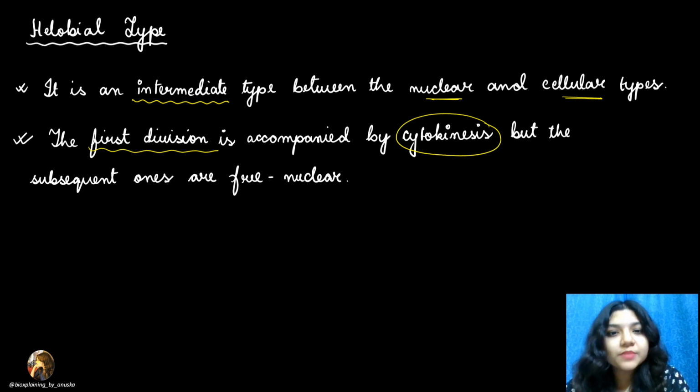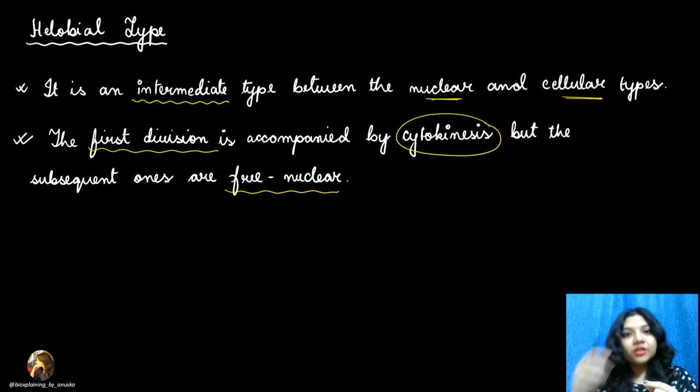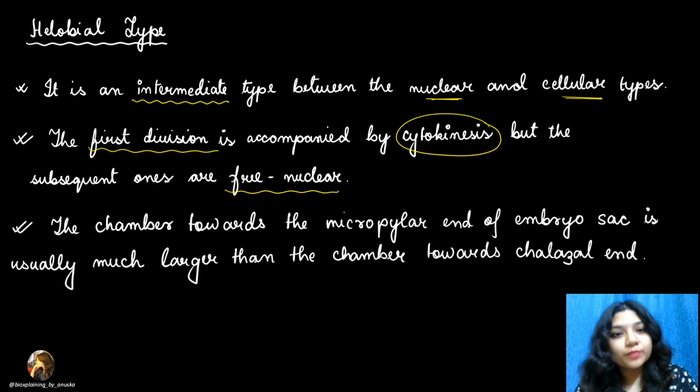But the subsequent ones are free nuclear. Getting me? So the first time the nucleus is dividing, immediately it has its own cell. The wall formation has occurred. But thereafter, when the nuclei are dividing, the divisions are free nuclear.